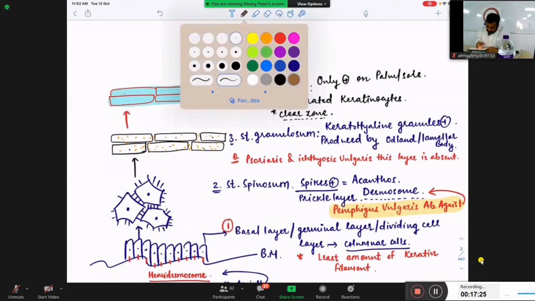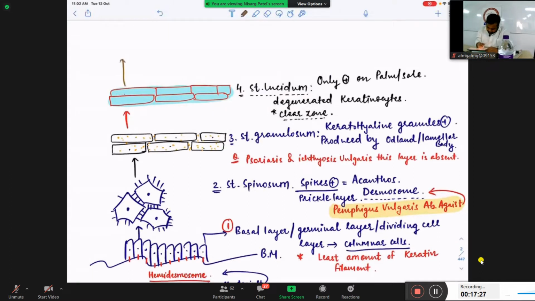Now, all this watery content will be lost, and I will have so many skin cells, which are keratinocytes with the highest amount of keratin filament.